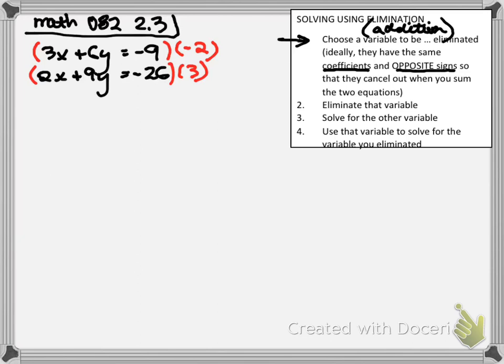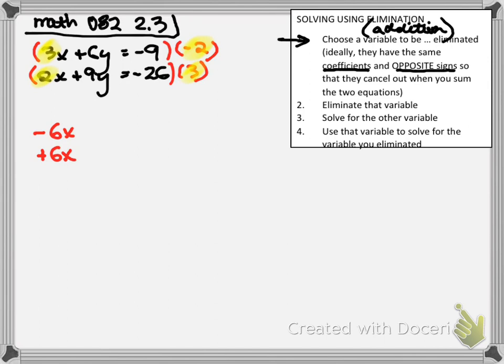The reason I chose those numbers is because 3 times -2 is going to give me -6x, and 2 times 3 is going to give me positive 6x, which achieves my goal. My goal is to have coefficients that have the same numerical value and opposite signs.